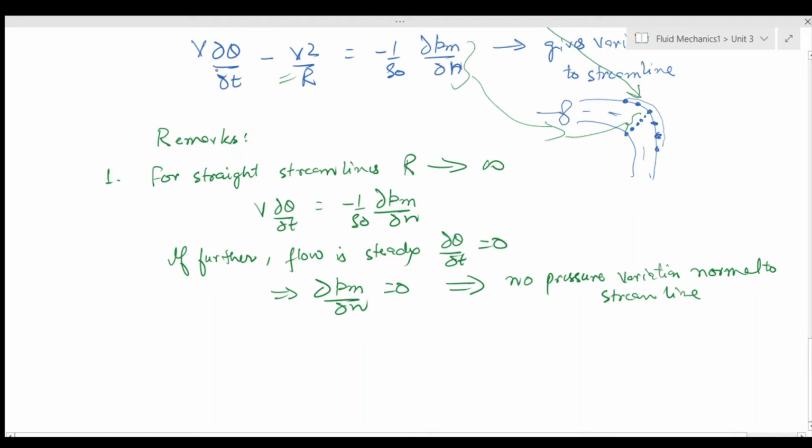Okay, let's say I have a pipe here, and within this pipe, let's say I have an orifice. Okay, and flow is happening here. At the start, my streamlines would be parallel.